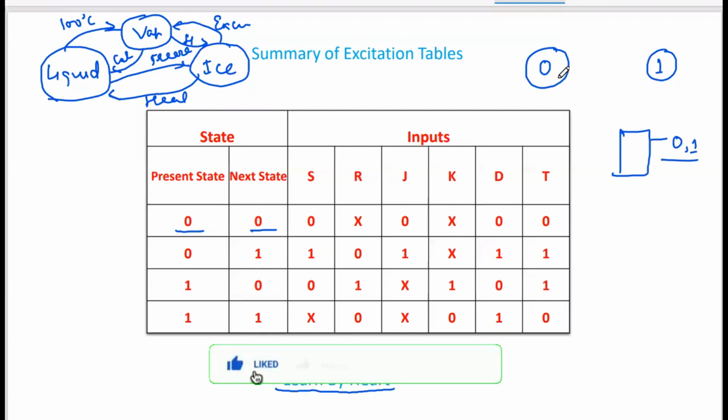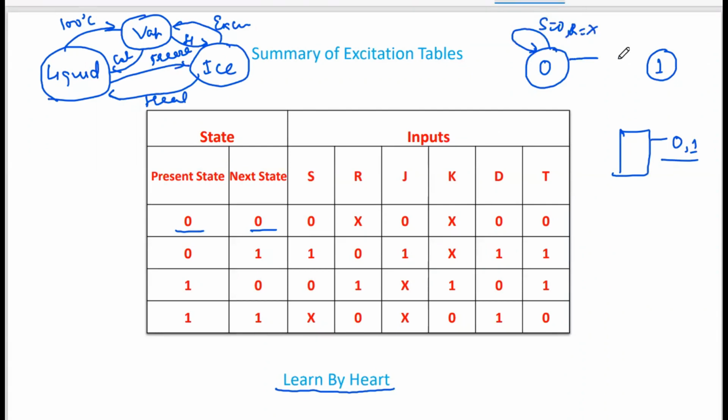So, if it is 0, from 0 to 1, if it is SR flip flop and you want 0 to 0, then here you can write S is equal to 0, R is equal to don't care, it will remain in this state. So, this is the excitation table, and from 0 to 1, S is equal to 1, R is equal to 0, and so on. So, this is the state diagram, and you should remember this concept.